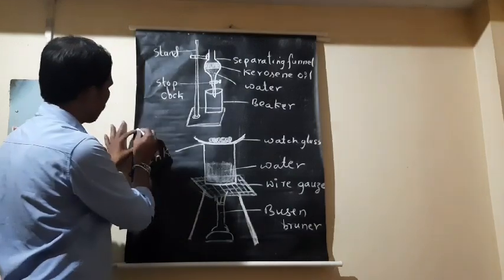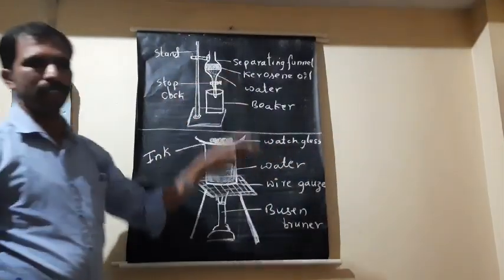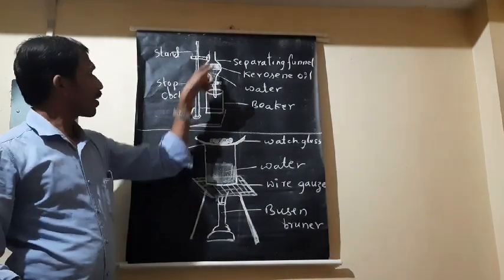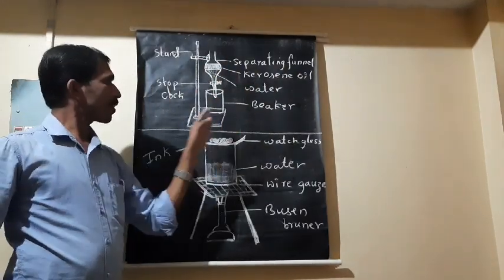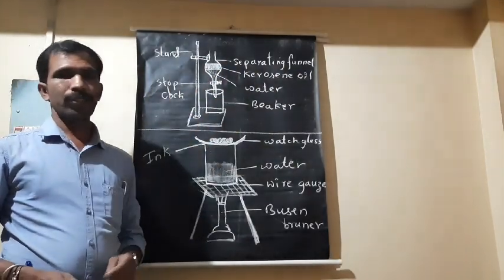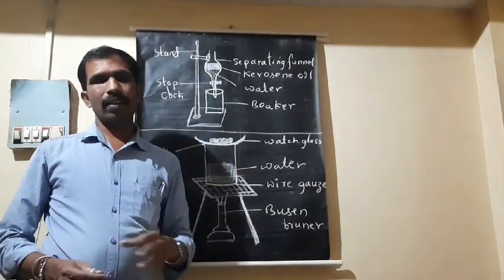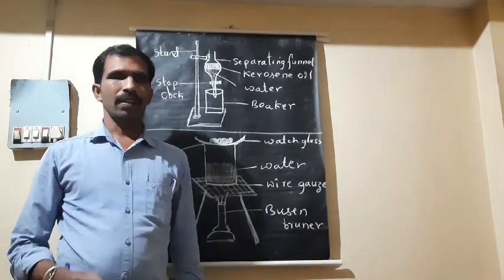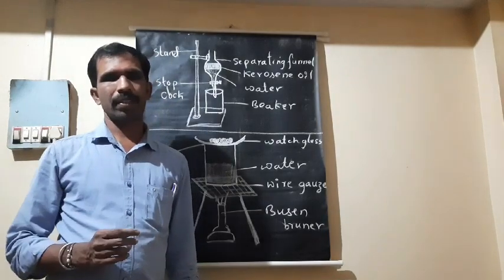So here I have drawn two diagrams. This one is about separating a mixture using a separating funnel. This is actually used to separate immiscible liquids. Before that, you should know what miscible and immiscible mean.